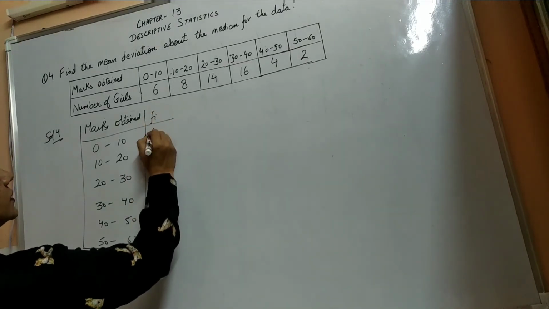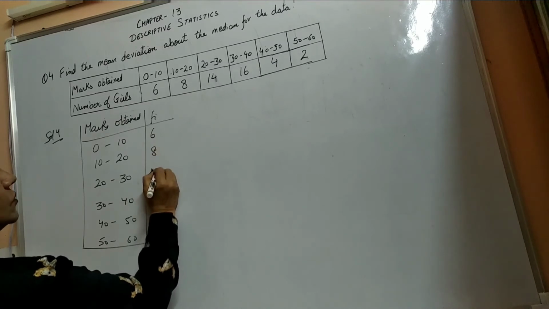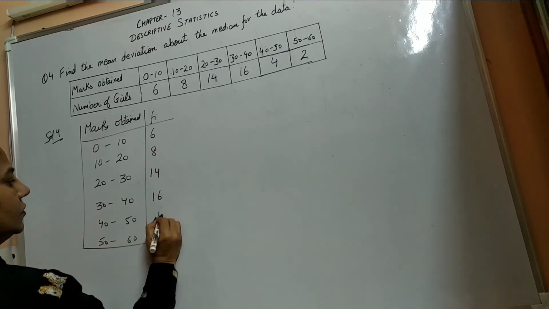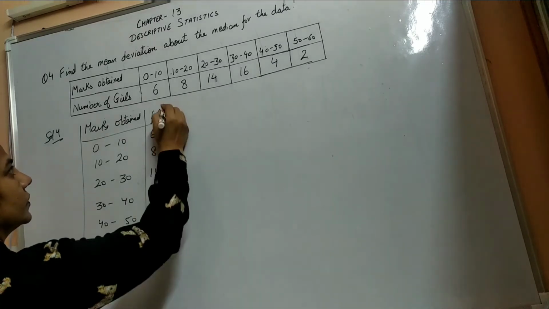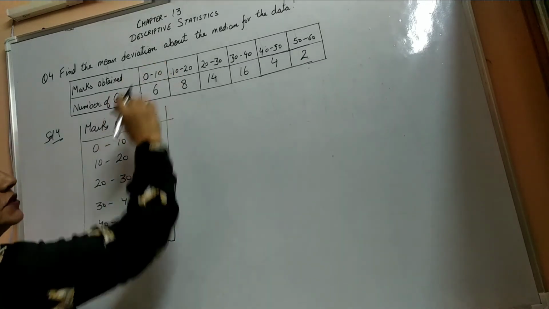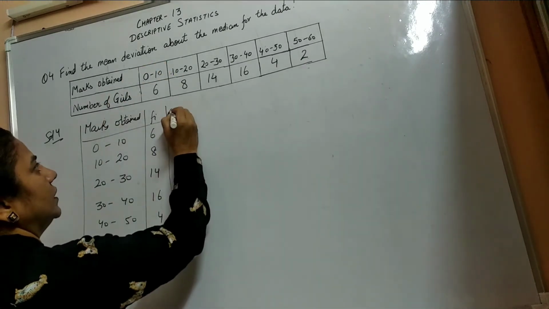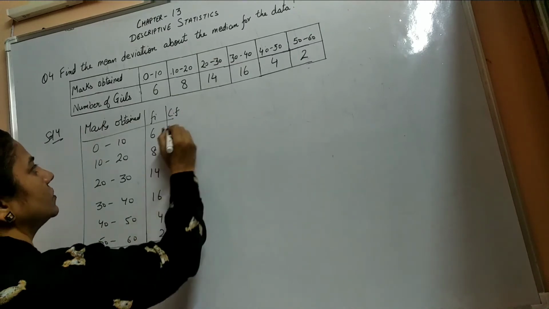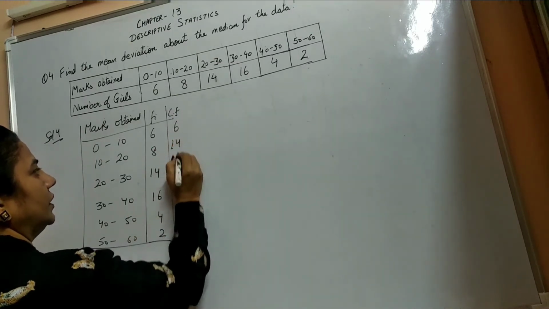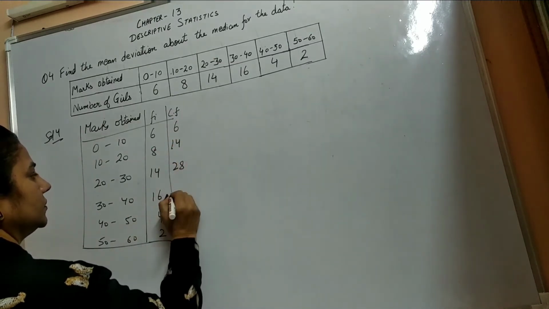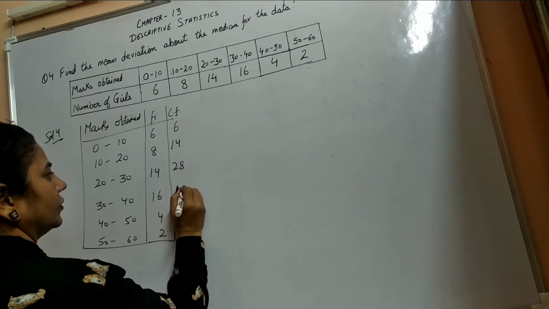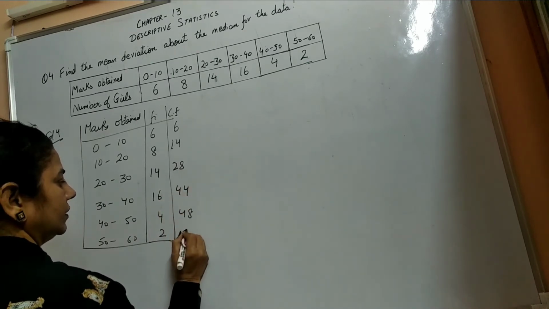Frequency 6, 8, 14, 16, 4, 2. As we have to calculate the mean deviation about median, we need to calculate the cumulative frequency also: 6, 14, 28, 44, 48, 50.